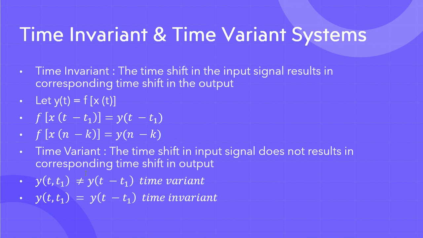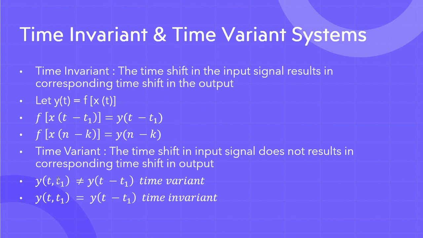And how do you find out if your system is time variant or time invariant? You just give a delay to your signal and check whether the output of your system changes as well or not. If the output changes, then it is time invariant. If the output does not change, that means your system is a time variant system.